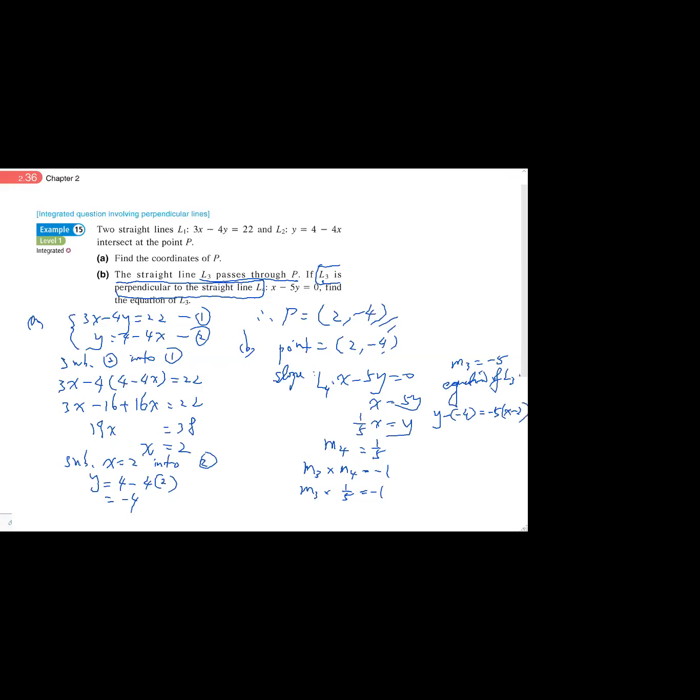Okay, removing the brackets, y plus 4 equals -5x plus 10. Moving all the terms to one side and keeping the x term positive, it will be to the left. 5x plus y plus 4 minus 10 becomes -6 equals 0. So that is the answer of part B.